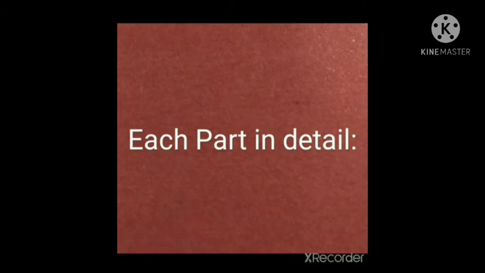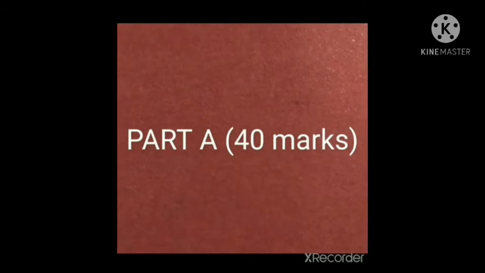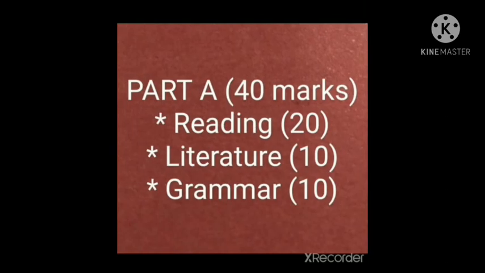Okay, so let's see part A, 40 marks. What all things are there in part A? Part A contains reading of 20 marks, literature of 10 marks, grammar of 10 marks. Each one, reading, literature, grammar, we can discuss in detail.